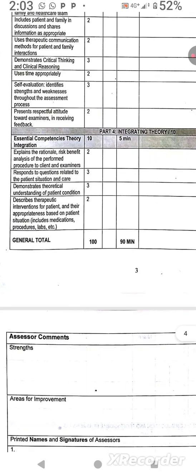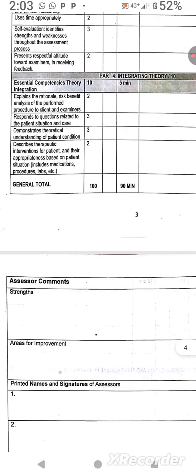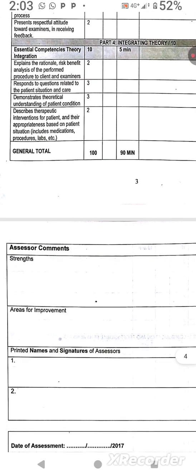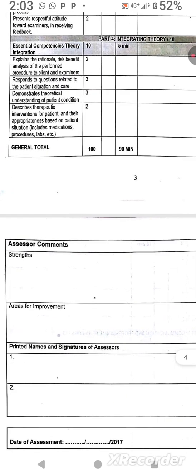Fourth, use therapeutic communication methods for patient and family interaction. Then demonstrate critical thinking and clinical reasoning. Use time appropriately. Self-evaluation: identify strengths and mechanisms for the assessment process. Show a respectful attitude toward the examiner and receiving feedback. If you receive feedback, there is no need to say no to feedback.